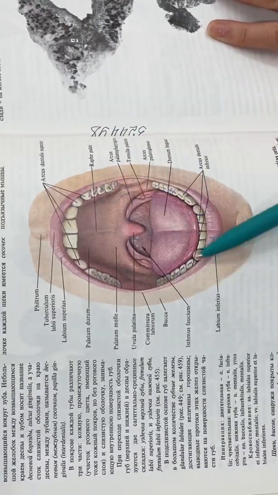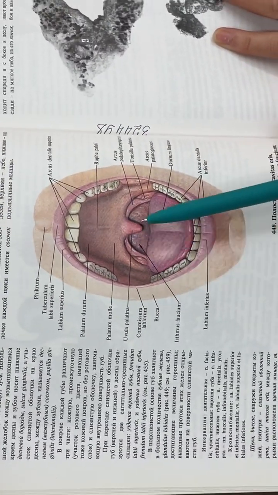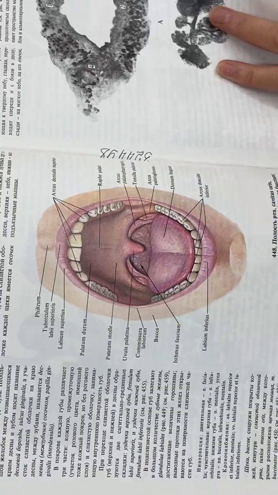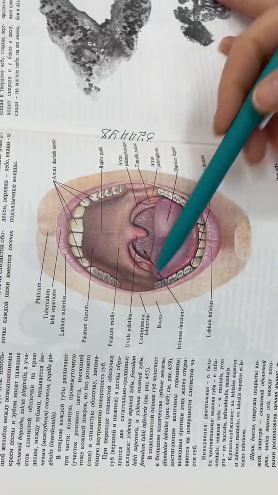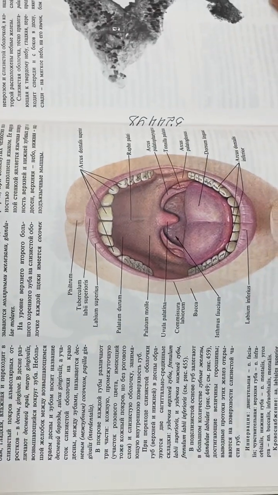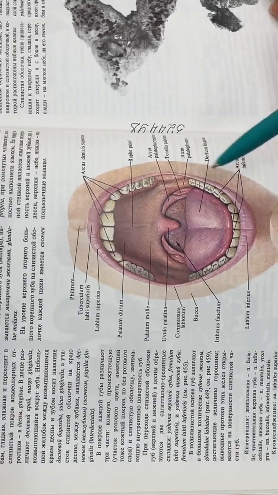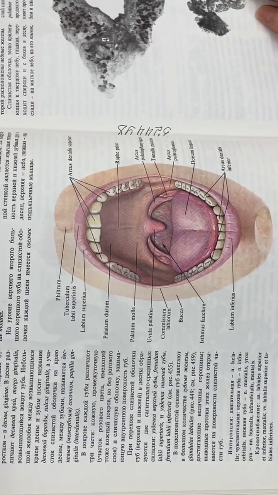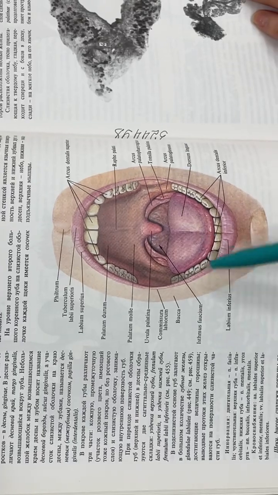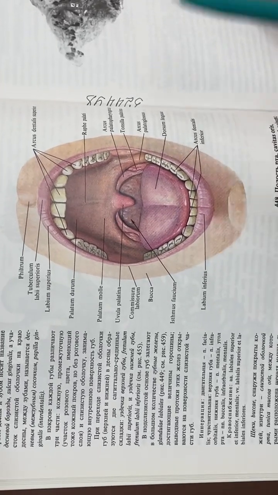The upper and lower lips have a red part, which has a less thick epithelium, and therefore we see the blood vessels through it, so it is a different color.